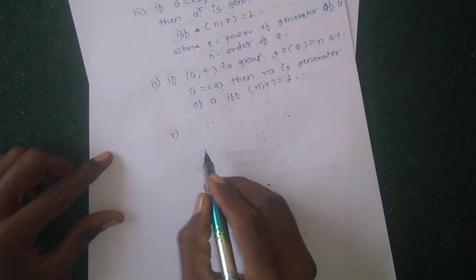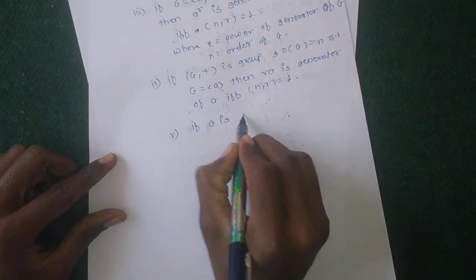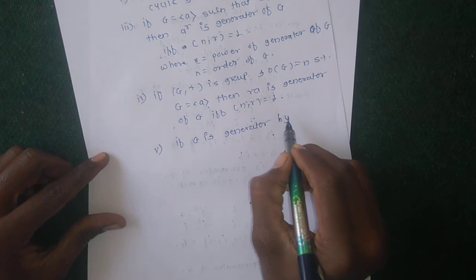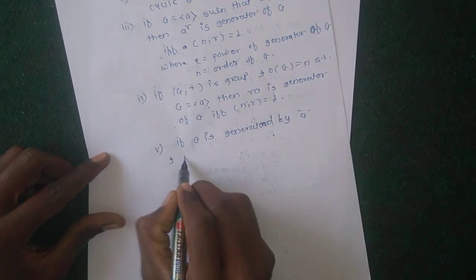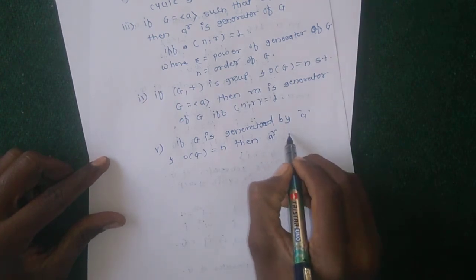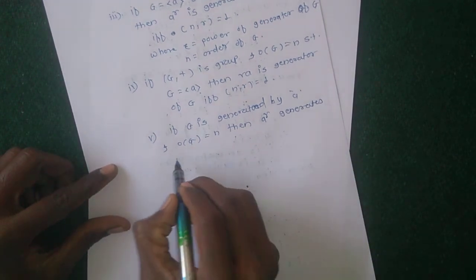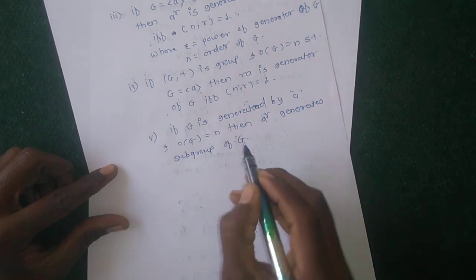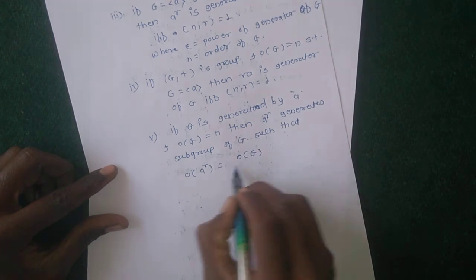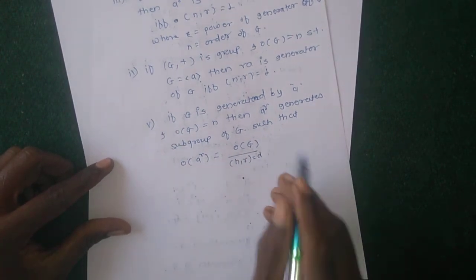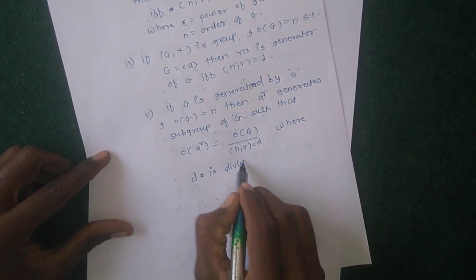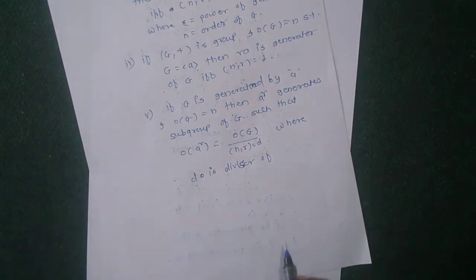Then the last remark: if G is generated by A and the order of G equals n, then A raised to R generates a subgroup of G, such that the order of A raised to R equals the order of G divided by the GCD of n and R. Suppose this is D, where D is a divisor of n.